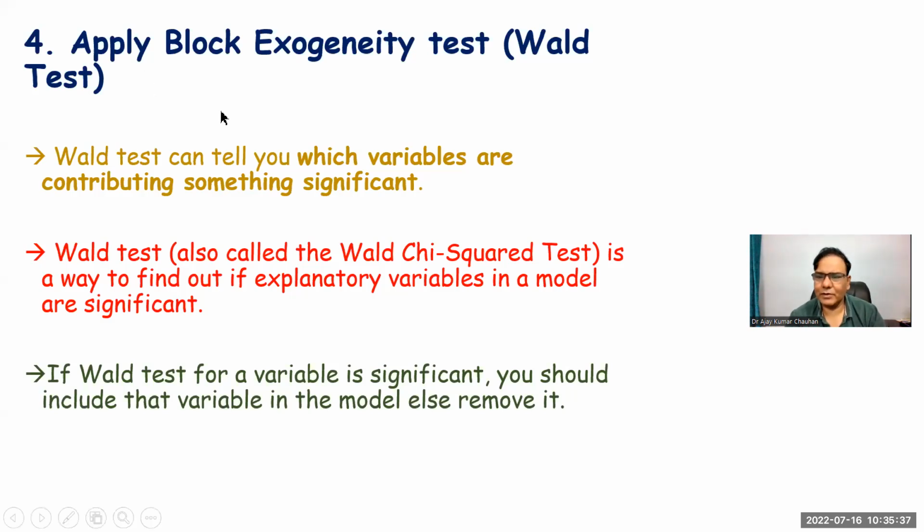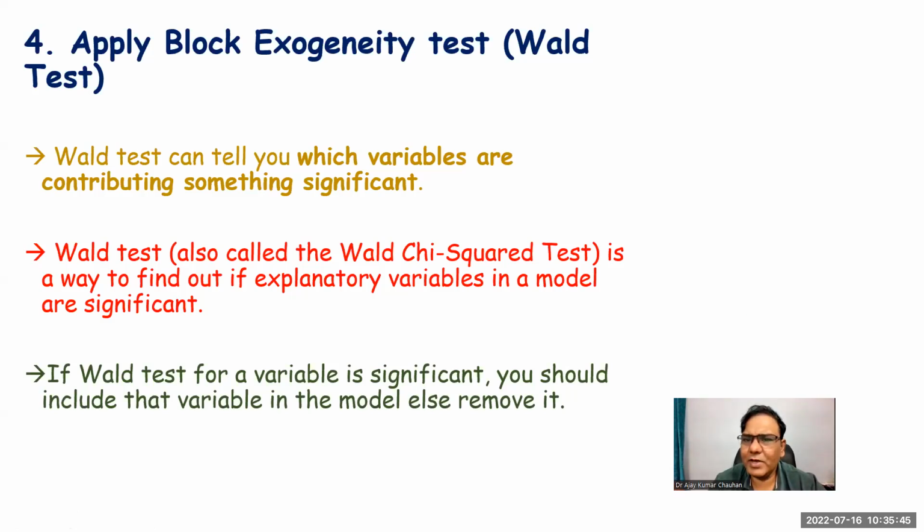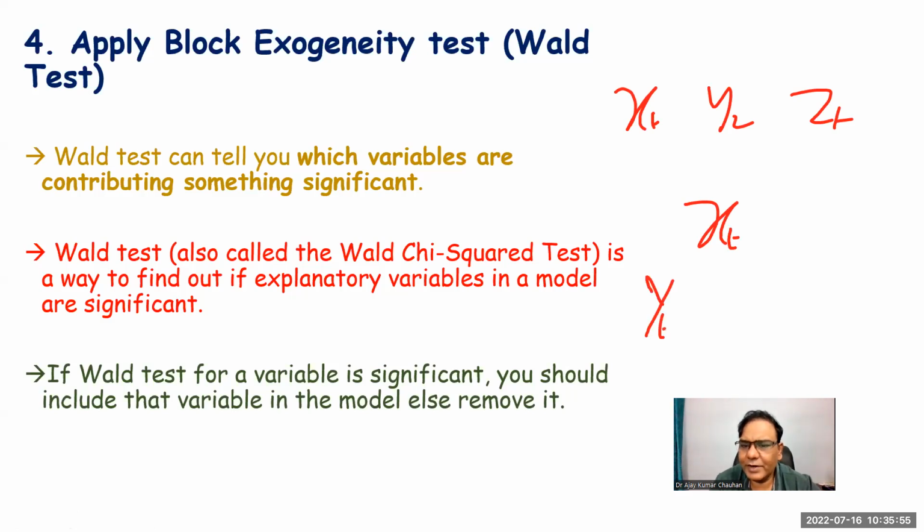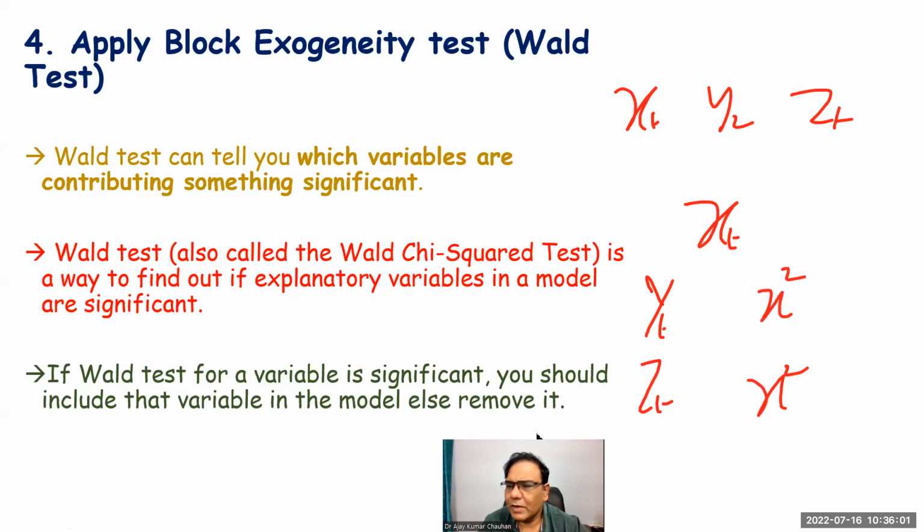So like I'm just showing you the sample. Suppose we are having xt, yt, and zt. The VAR test will show you the result. Suppose xt is the dependent, yt and zt, and their chi-square value will come. And this is p value 0.01 and 0.05, let's say.